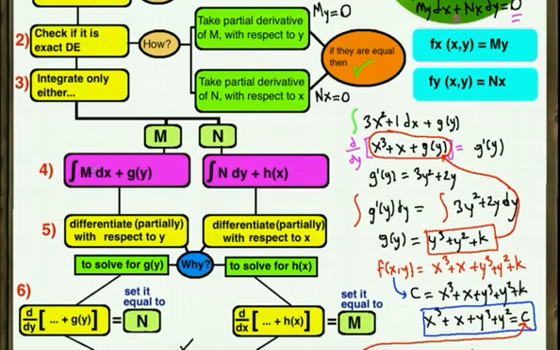If you integrate the m part, you integrate it with respect to x and you add some function g of y. If you go this path, you integrate n with respect to dy and add h of x.